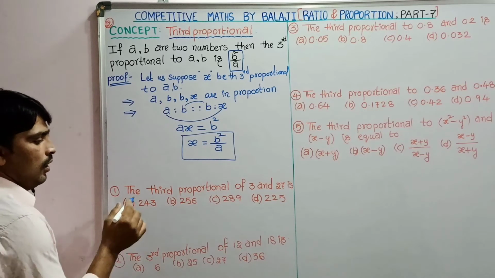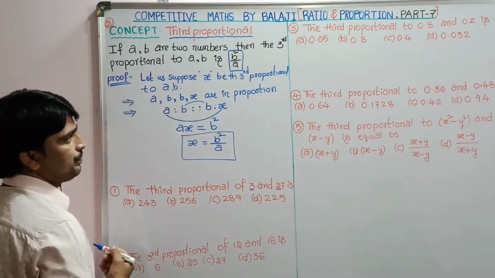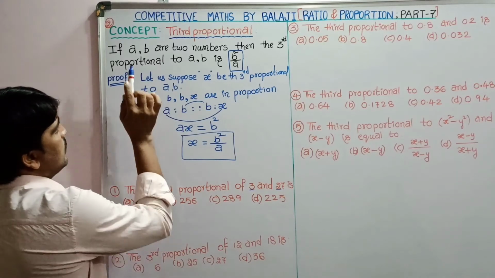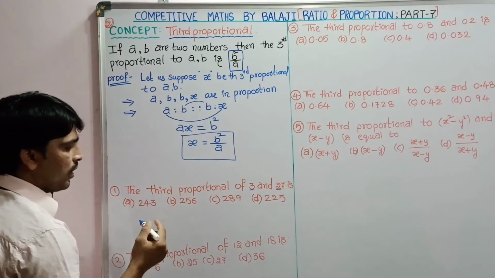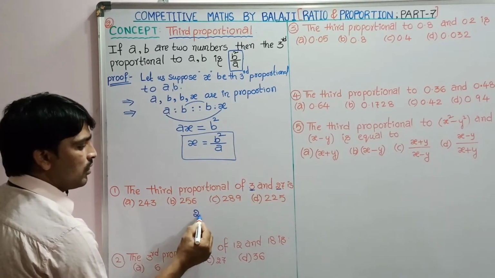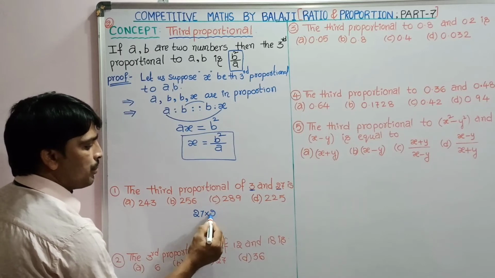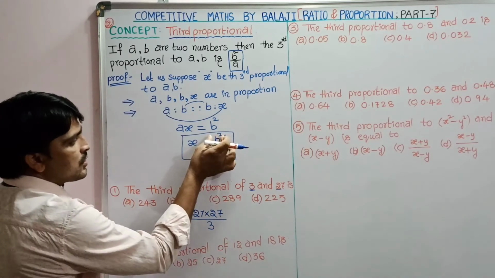First question. The third proportional of 3 and 27 is dash. Since the third proportional of a and b is b square by a, the third proportional of 3, 27 is 27 into 27 by 3. That is b square by a.